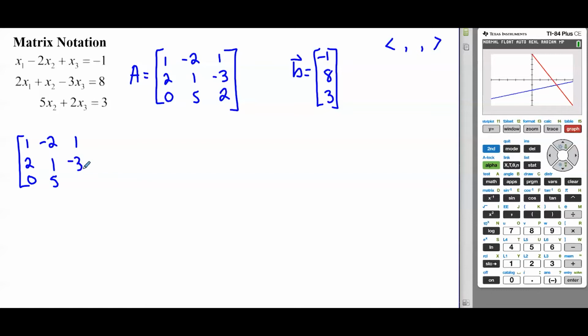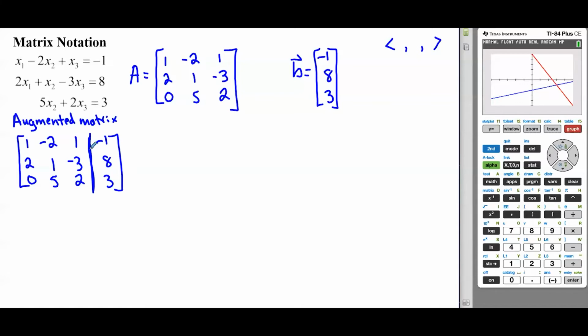All the augmented matrix is, is your coefficient matrix stitched together with this vector that we call B. And I like to draw a line to show that these two have been stitched together into a single matrix. Okay, so this is called the augmented matrix. And that just means they're put together.